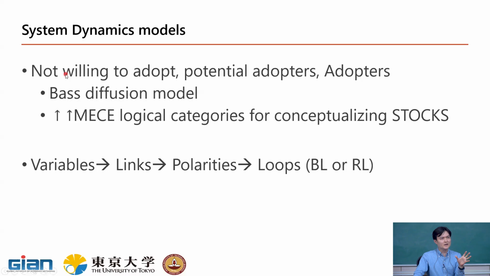You're now familiar with the stocks and flows as we build the model: potential adopters, not willing to adopt, and then adopters, right? It's a very powerful way of separating a whole population for us. We use the Bass diffusion model. Another concept you may have heard is mutually exclusive, collectively exhaustive.